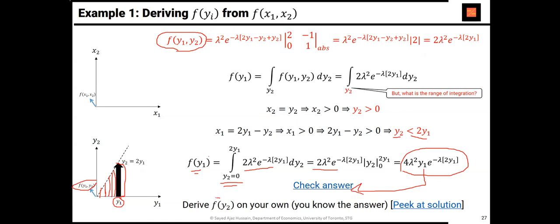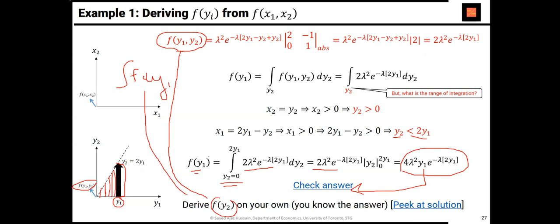And by the way, you should be able to derive f of y2 on your own. What would you do? You would take the joint density and integrate that expression with respect to y1. And the answer you get, if you do it the hard way, you will integrate that expression across values of y1.